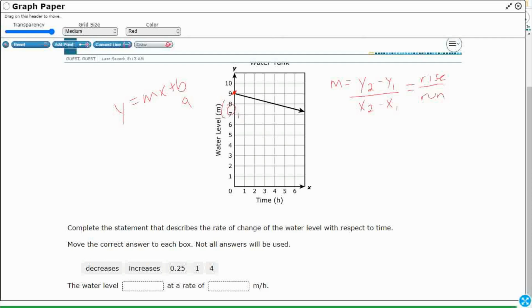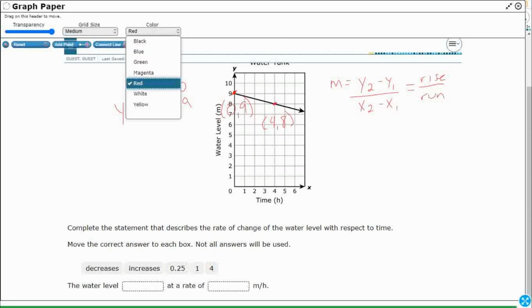So (0, 9) is my point. I'm seeing one other solid point on integers, and it looks like it's going to be that (4, 8). All right, so now that we have those 2 points, that's all we need to calculate slope.